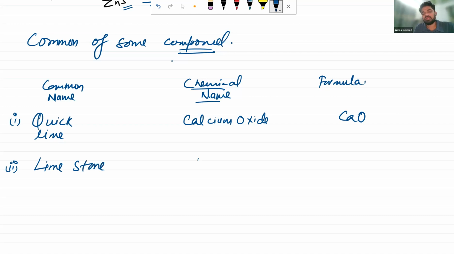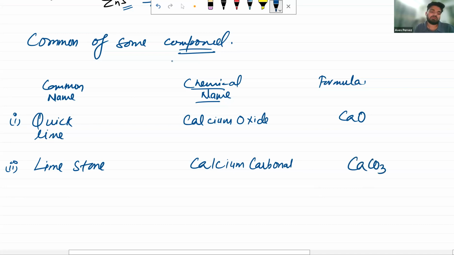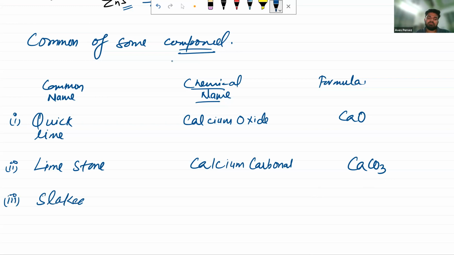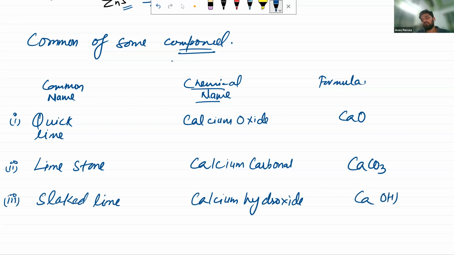Limestone is the common name for calcium carbonate, and its formula is CaCO3. Third one is slaked lime, that is calcium hydroxide, and its formula is Ca(OH)2.